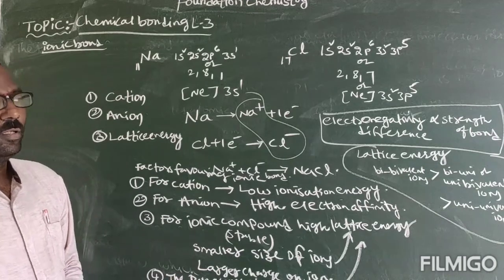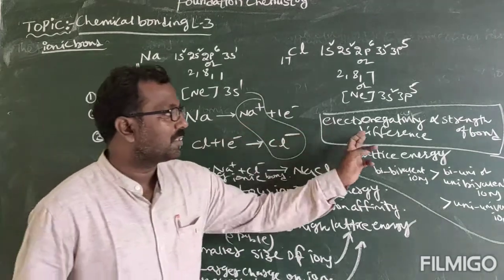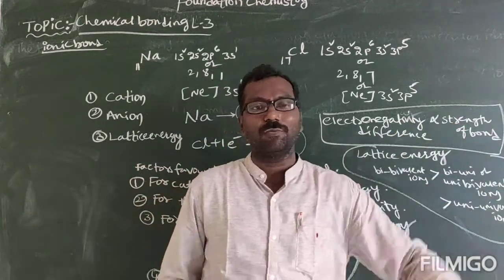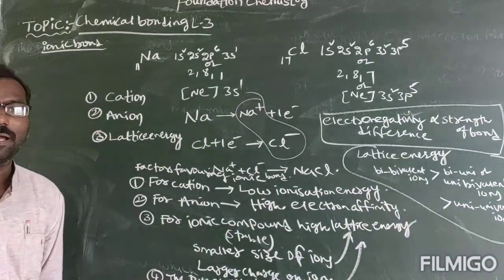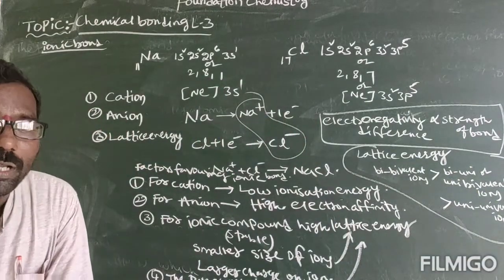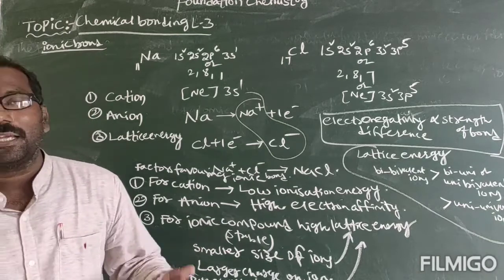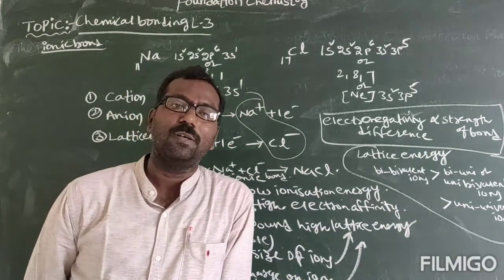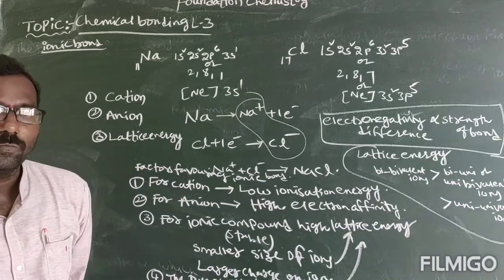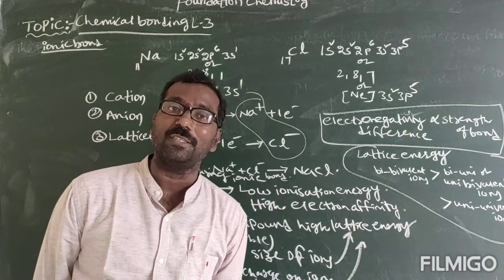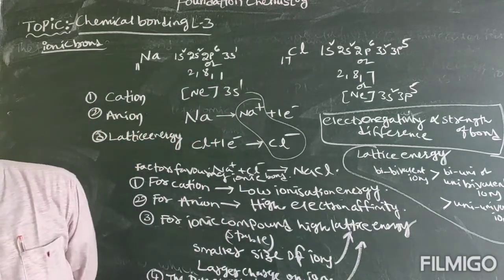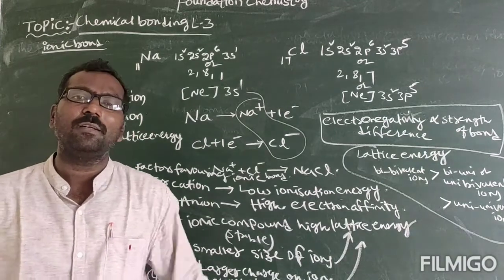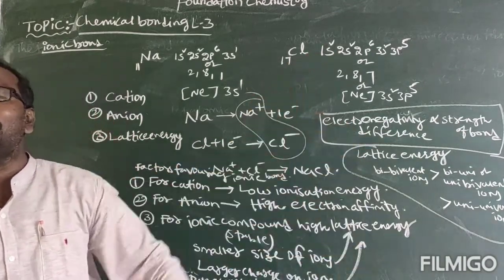Electronegativity difference is directly proportional to the strength of the bond. Next, the factors that favor ionic bonding, meaning cation and anion formation: low ionization potential and high electron affinity mean the bond formation will be ionic.